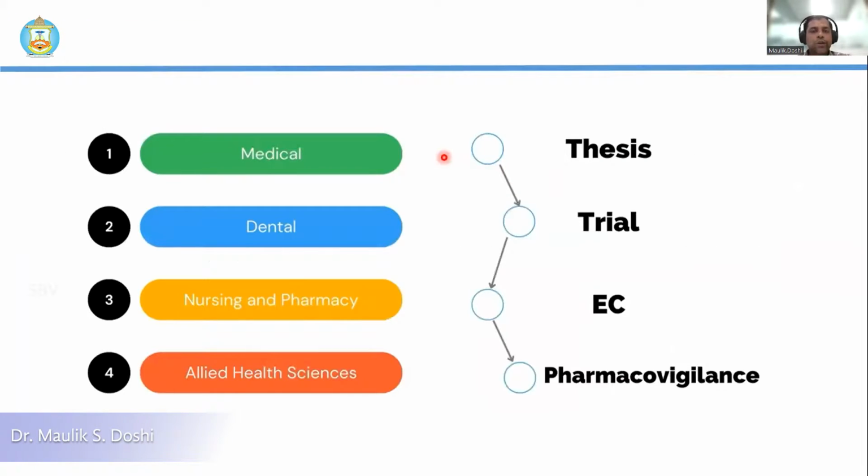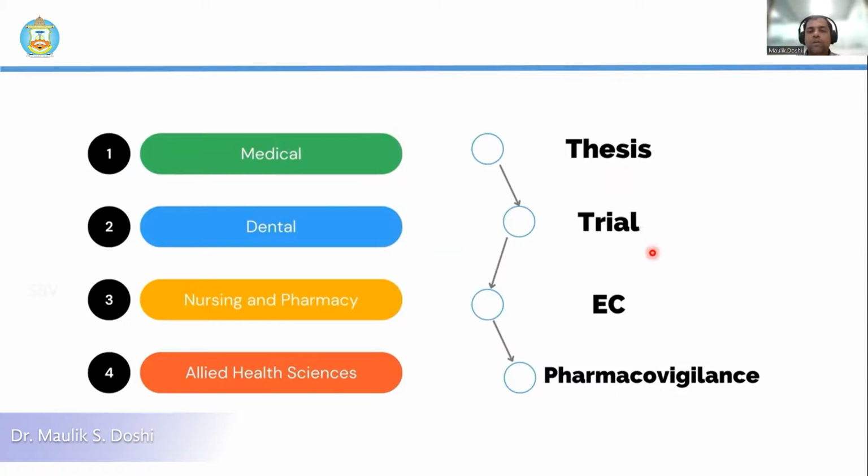Now in today's audience, we have people from the medical field, dental field, nursing, pharmacy, and the allied health sciences. Some of you are sitting offline, some online. In your journey, you may encounter this SAE reporting issue while doing your thesis.